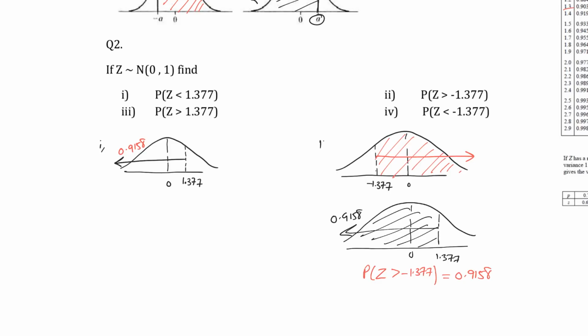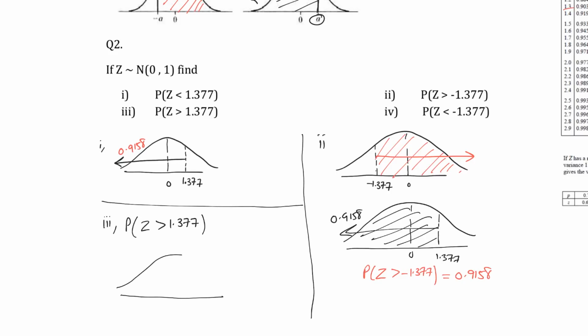Alright. Now in the third part, this was the second part. For the third part, you want to find the probability of z greater than 1.377. Now this is simple. We just discussed this. This is 0, 1.377. You already have the body area, which is 0.9158, and this time you need to find the probability of z greater than 1.377.